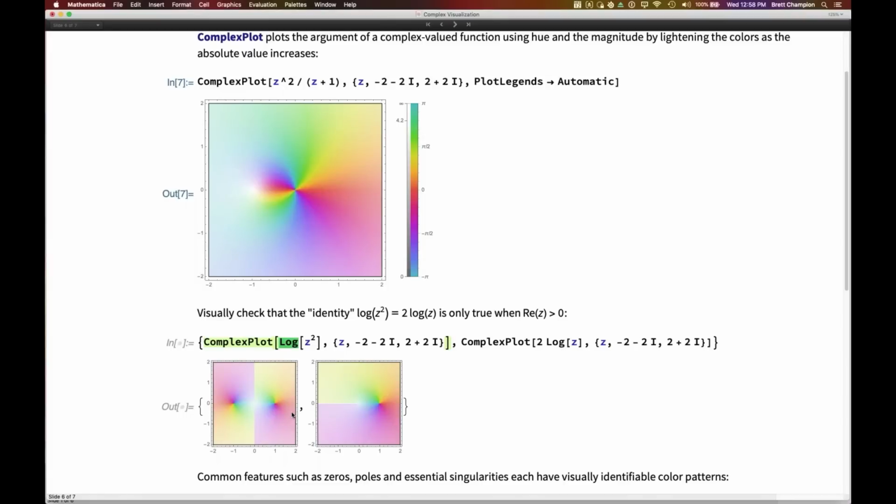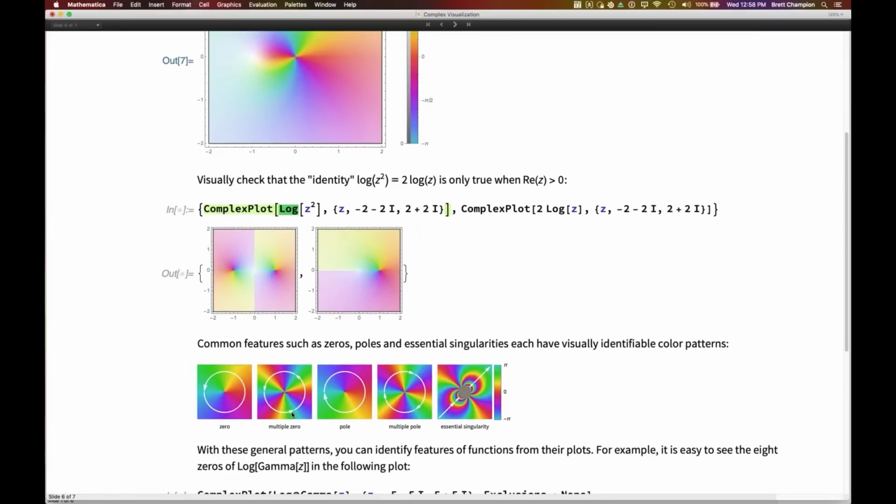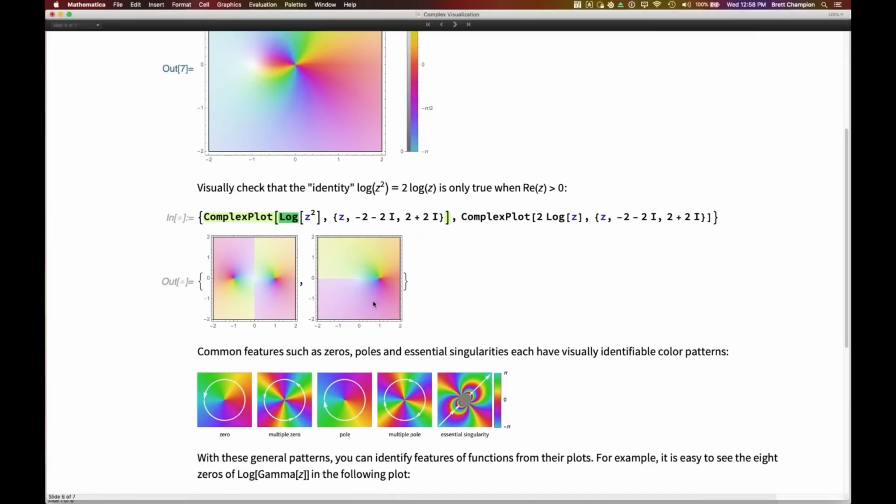And so now let's look at how to interpret some of these colors. So if we look at increasing values of the argument, so turquoise to purple to red to orange to yellow, I'm going to focus on the red, orange, yellow.